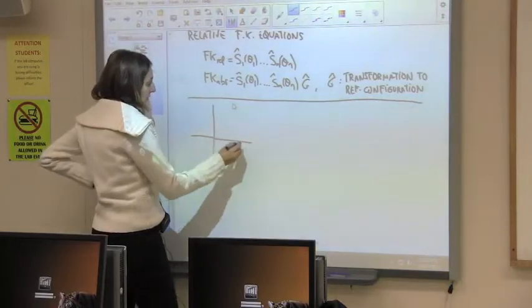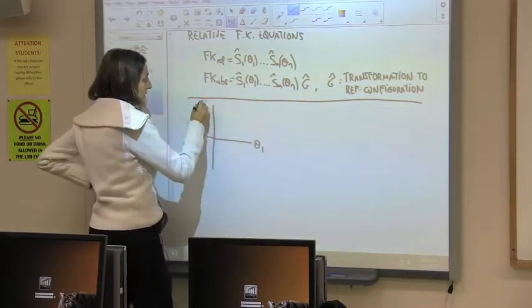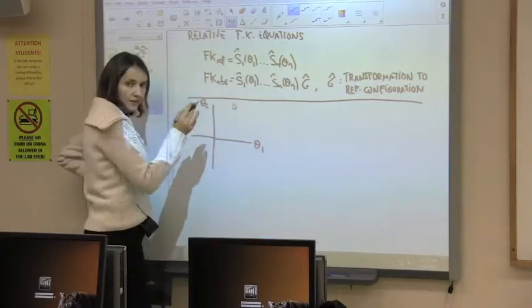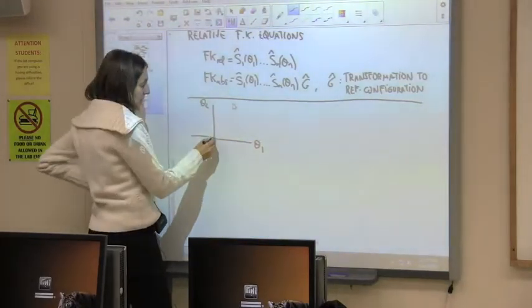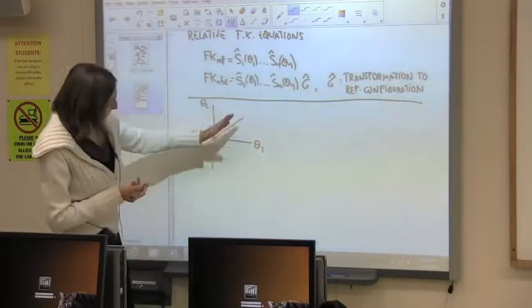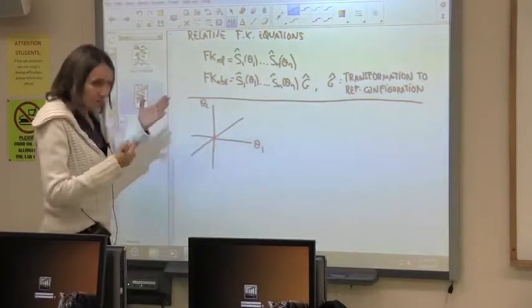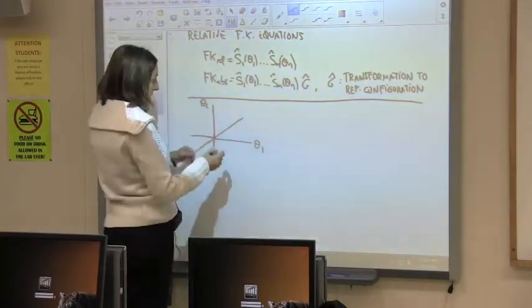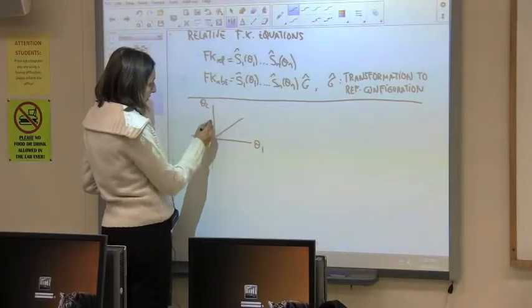So this is theta 1 and this is theta 2, this is the joint space, and say, okay, I want to move both of them at the same time. Starting from 0 and going up to a certain number, that would be like this one, right? That's supposed to have 45 degrees. But you can create any other trajectory and see what happens in your Cartesian space. So when theta 1 is 0, theta 2 will be 0.